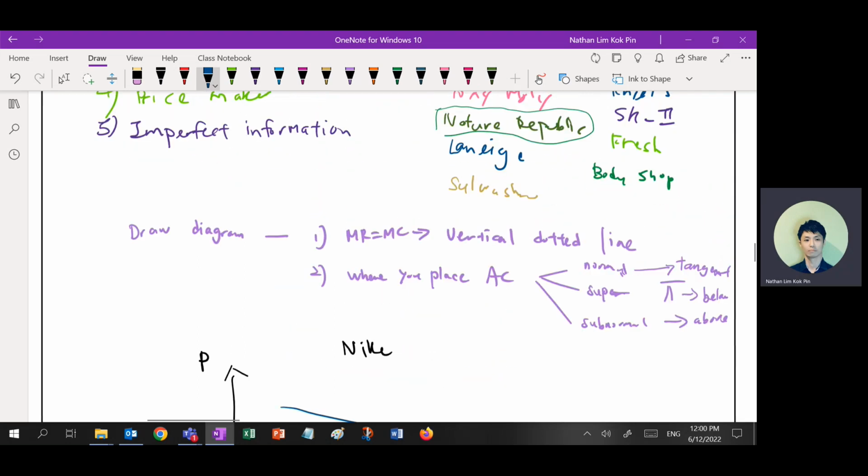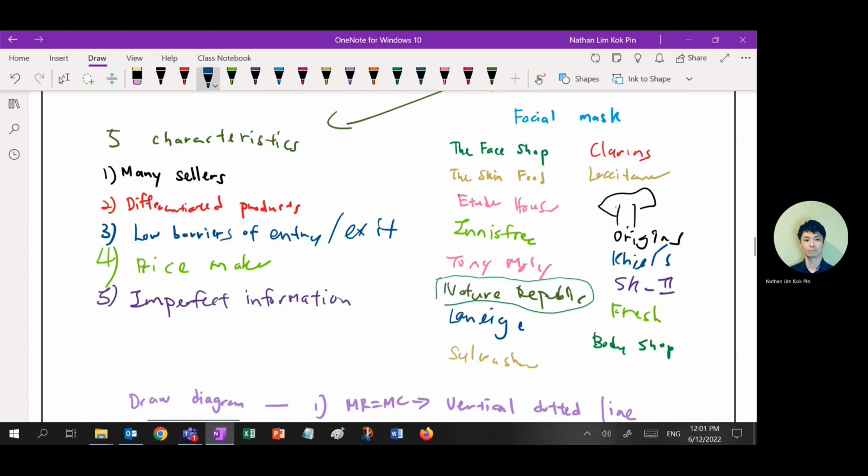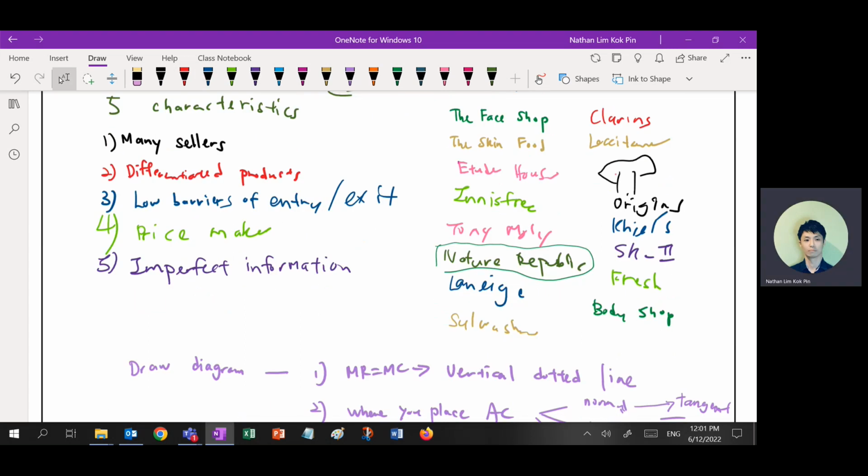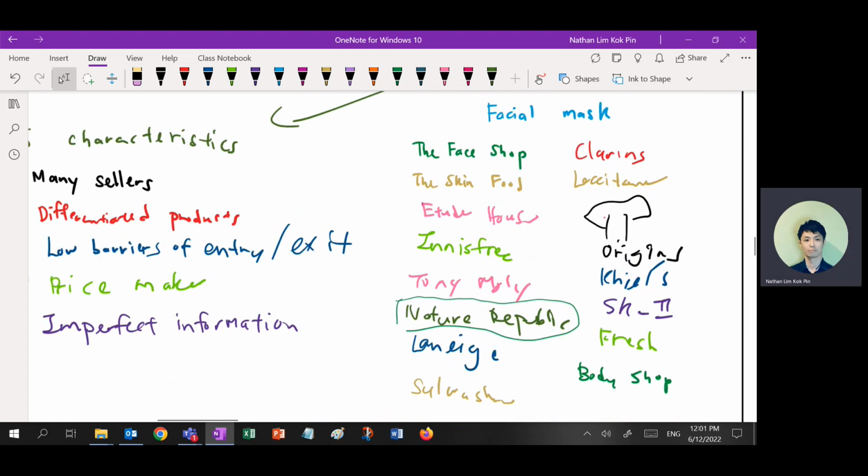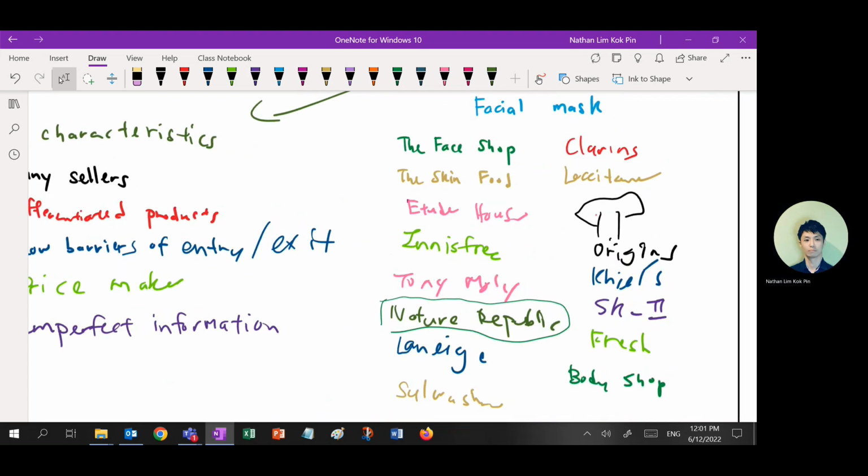Responsive. Yeah, I know, responsive. Here it is because although they are differentiated products, there are many substitutes. Many substitutes. That's why I'm very responsive to the price.